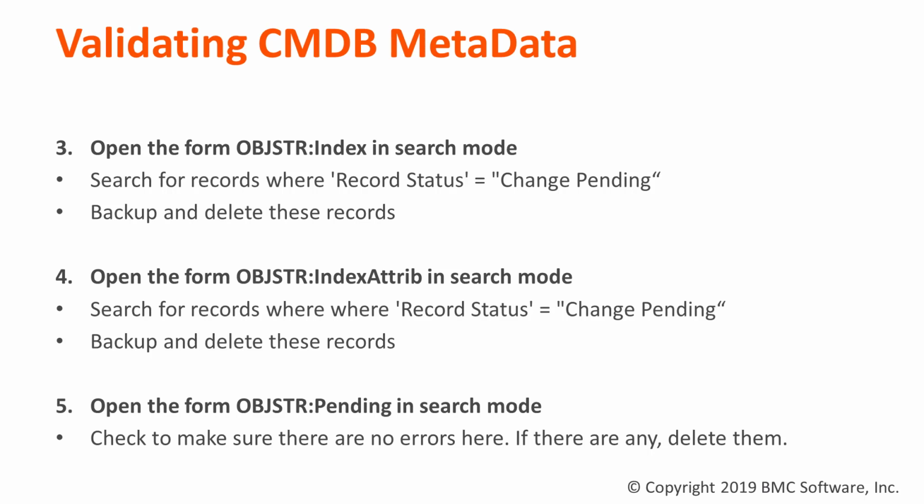The next form is OBJ star colon pending form. So these are the five fundamental forms which we should be verifying when we are facing any CMDB metadata issues while adding new classes, new attributes, or while modifying the existing classes.